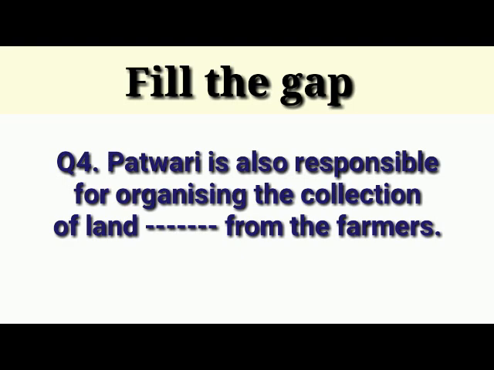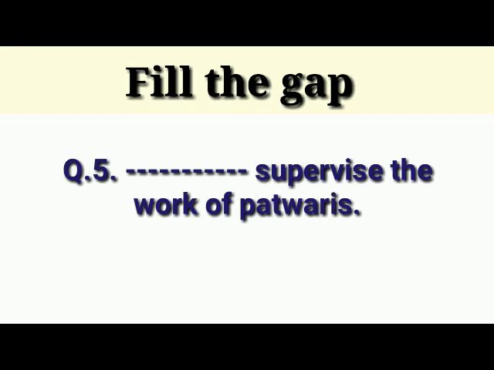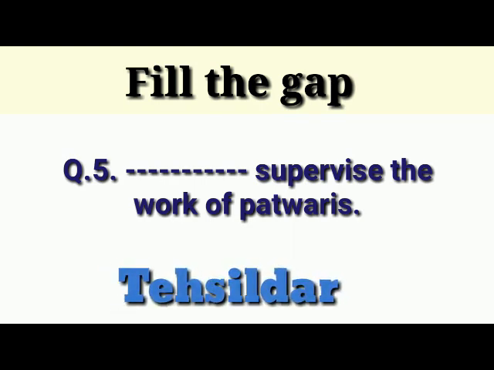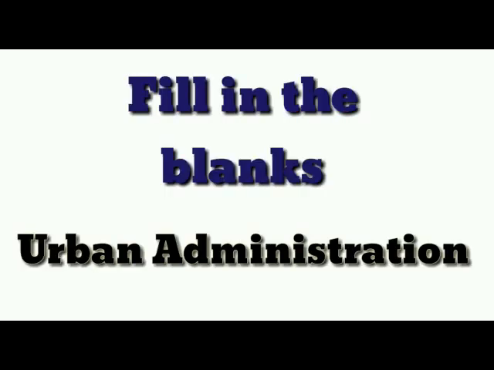Answer is revenue. Patwaris collect revenue from farmers. Next question is dash supervises the work of patwaris. Answer is tehsildar. Tehsildar supervises the work of patwaris. That is all for Rural Administration.